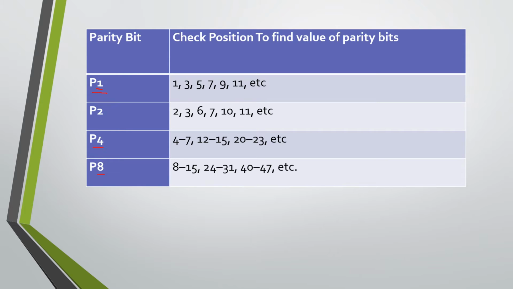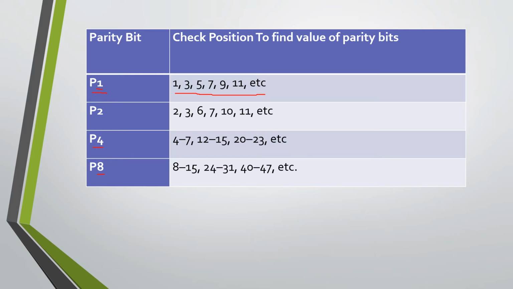To find the value of parity bit P1, use those positions whose binary representation includes 1 in the least significant position, like 1, 3, 5, 7, 9, 11, etc. When we convert these numbers into binary format, the least significant bit, which is at position 1 from the LSB, contains the value 1.